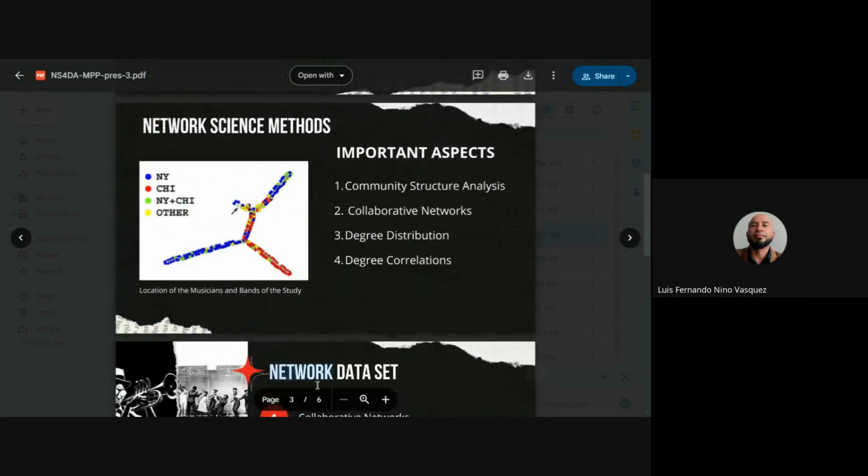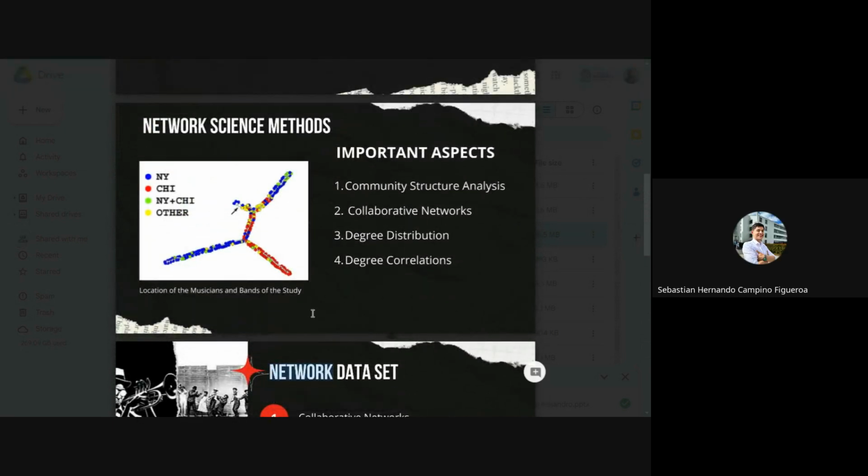Yeah, there is a relation with the location of the musician. For example, New York are the blue dots, so you can see there is a branch where the musicians related are mainly New Yorkers. Also, you can see the same with Chicago, and you can see other relations. So there is a segregation by location too.